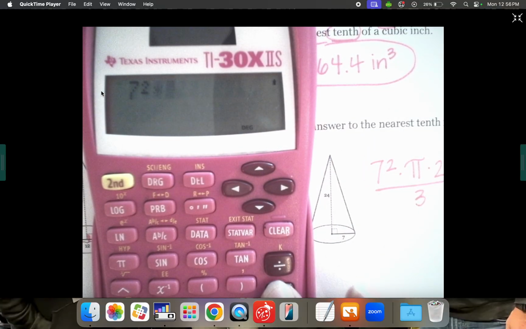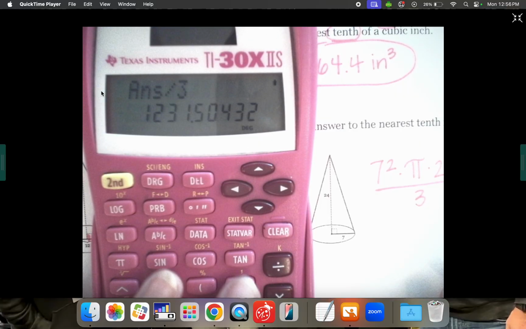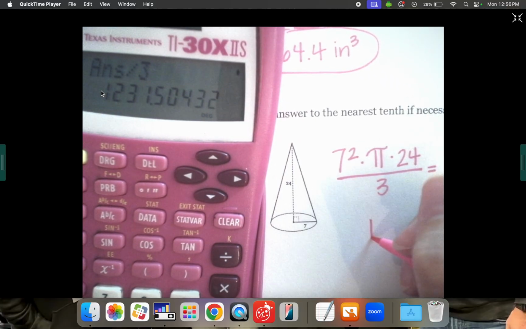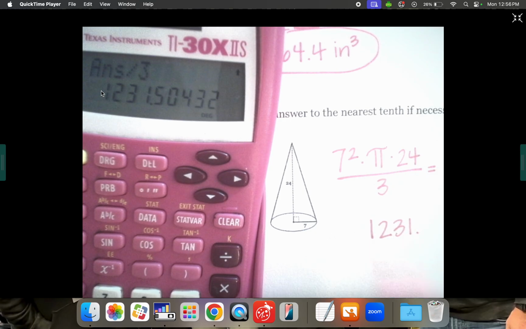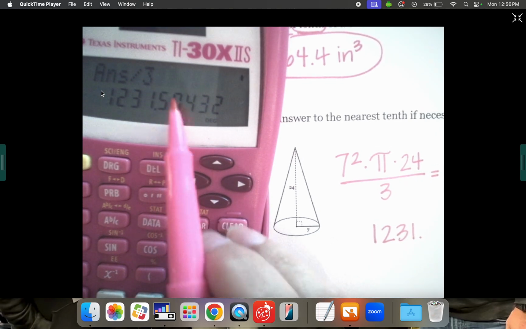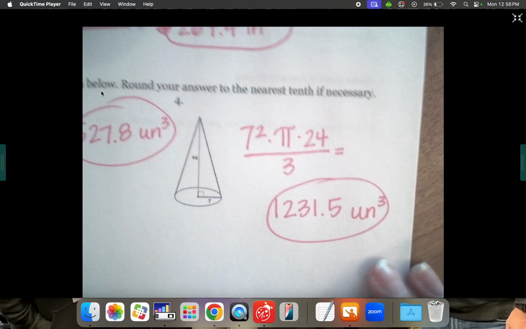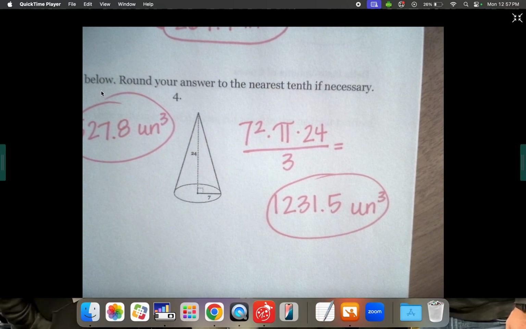Okay, so 7 squared times pi button times the height, which is 24, equals, divided by 3 equals 1,231.5, but the number after the 5 is a 0, so it's going to just stay 5. So 1,231.5 cubic units.